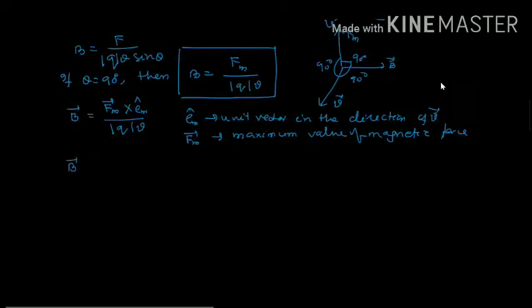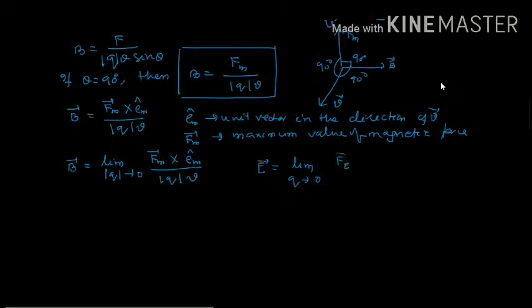So we can write B is equal to limit mod q tends to 0 of Fm cross m cap divided by mod q into v. It is analogous to the definition of electric field E vector, which is equal to limit q tends to 0 of Fe divided by q. Fe is the electric force and q is the test charge.